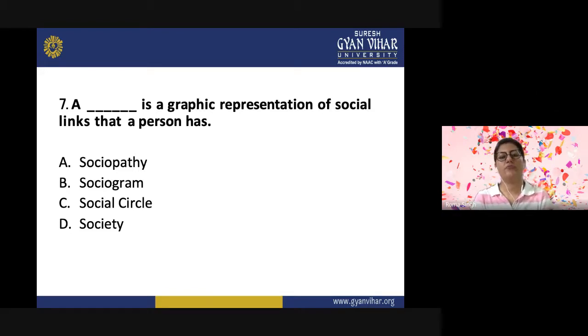So after you have decided that you will perform a sociometry technique in the class, for that you have to prepare a graphic representation. And what is that? The options are sociopathy, sociogram, social circle, or society. And the correct answer is sociogram.